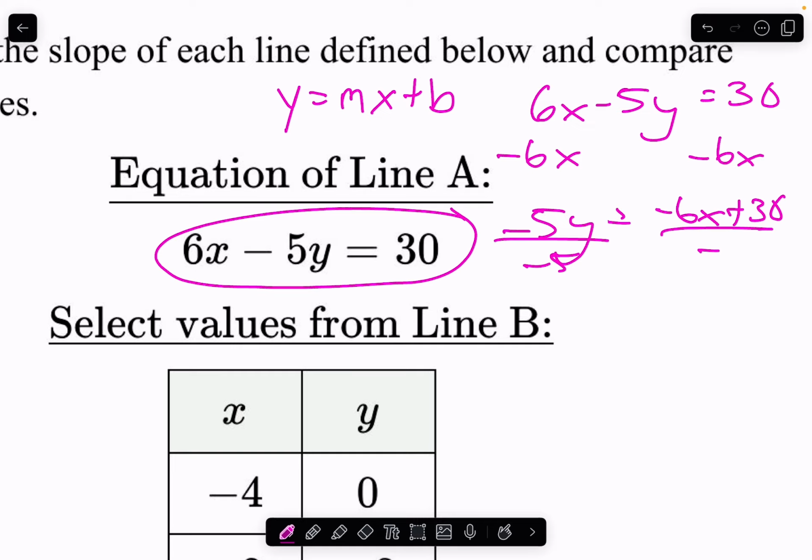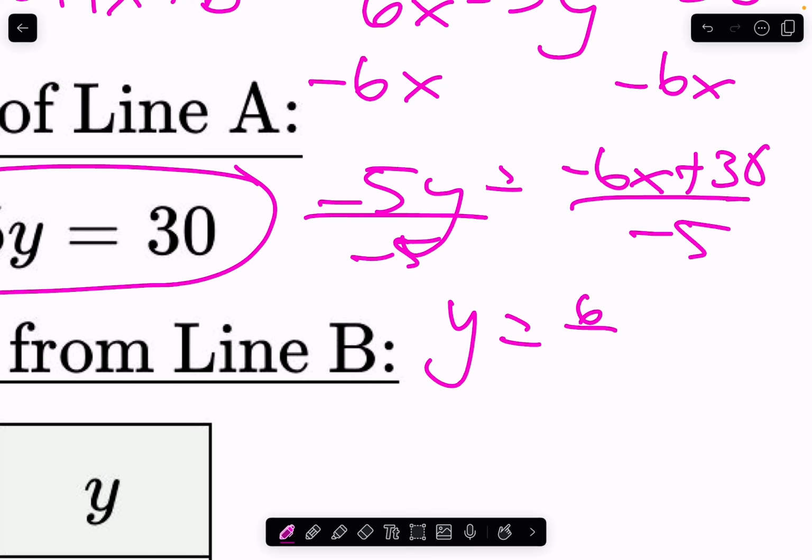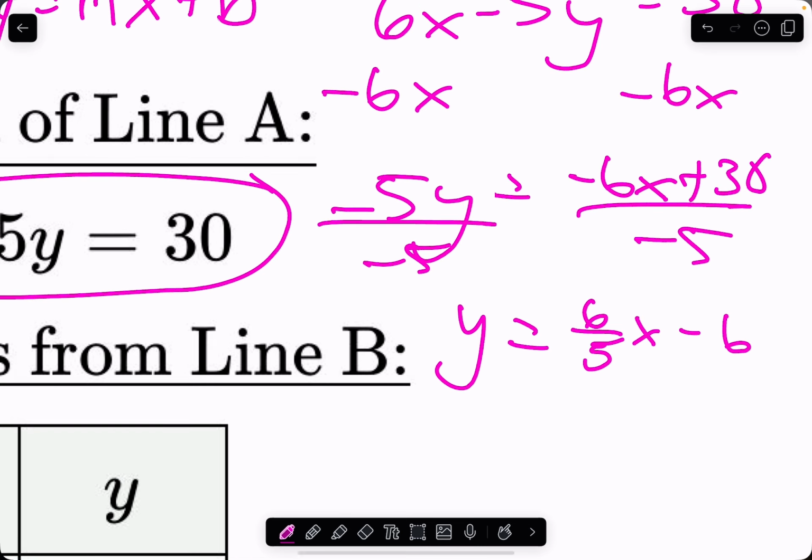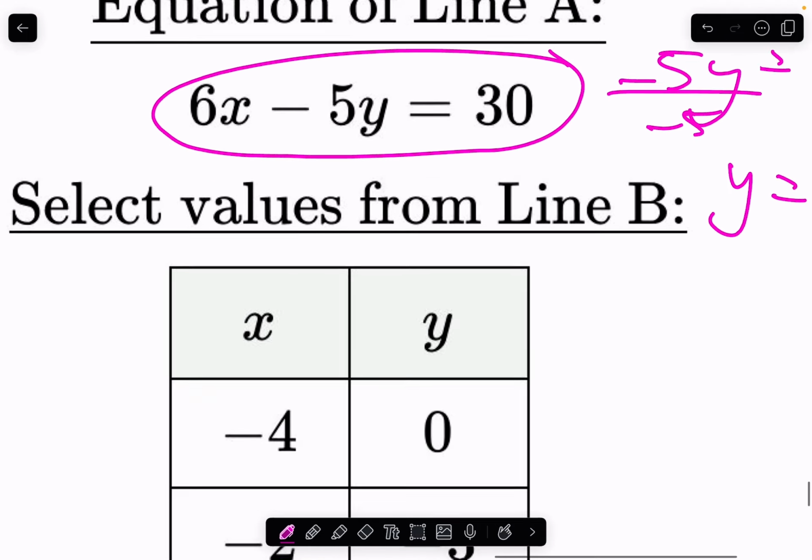We divide by negative 5. And we get that y is going to be equal to 6/5 x minus 6. There we go. So the y-intercept of line A is negative 6, right? However, they're asking for the slope, which is going to be 6/5.